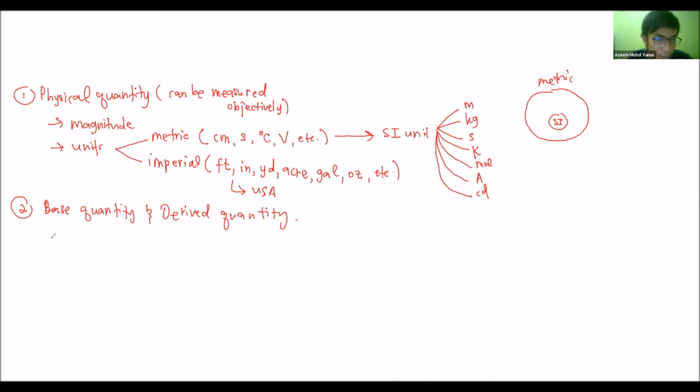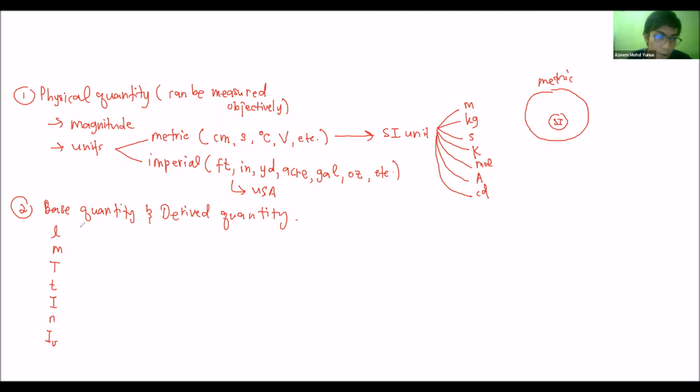Base quantities: length, mass, temperature, time, current, amount of substance, and luminous intensity. So we have 7.